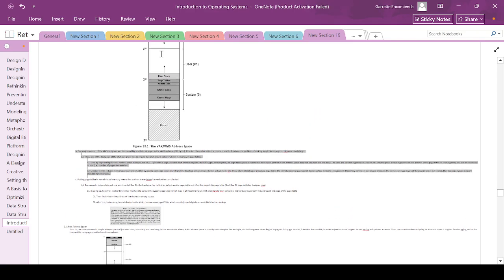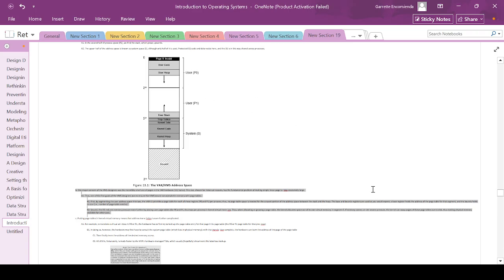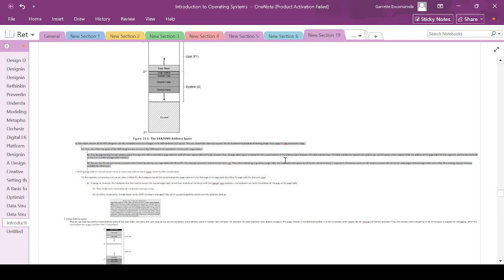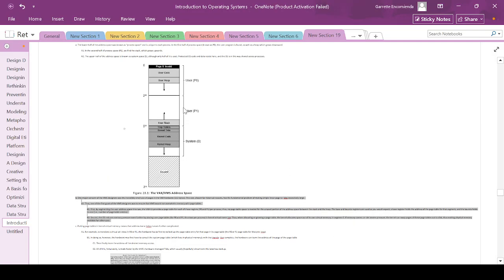So by doing that, as you can see, we have user P1, user P0. By dividing that into two, there's no page table required to allocate or track this unused space between the stack and the heap for the process, because we divided it by two.